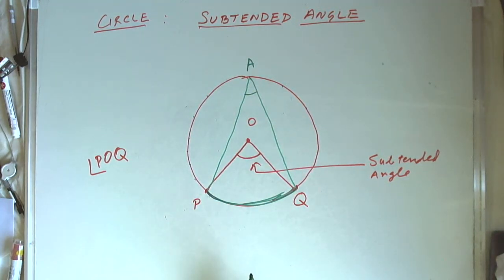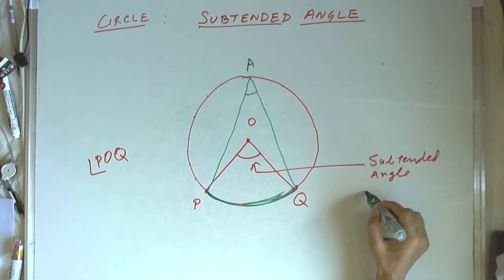So we have two types of subtended angle. This is a subtended angle at the center.